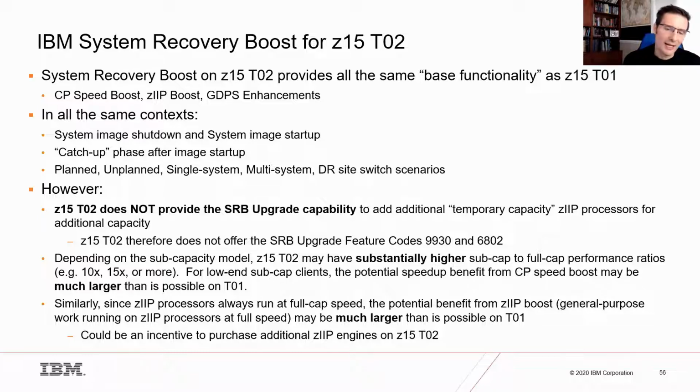Depending on the subcapacity models that you have for T02, you may experience even substantially larger boosts, because some of these T02 machines are subcapped really, really low. And remember, when you do the speed boost, you go from subcap all the way to full capacity. So there could be some significant benefits for you with the speed boost in particular, as well as the zip boost on the T02 machine.